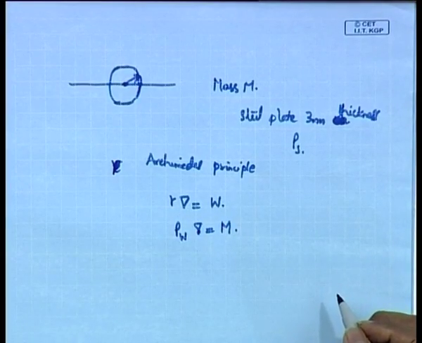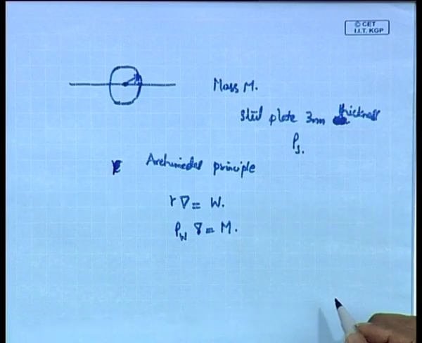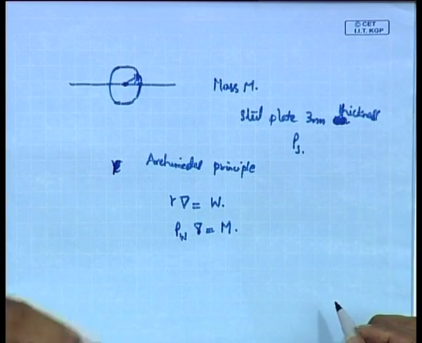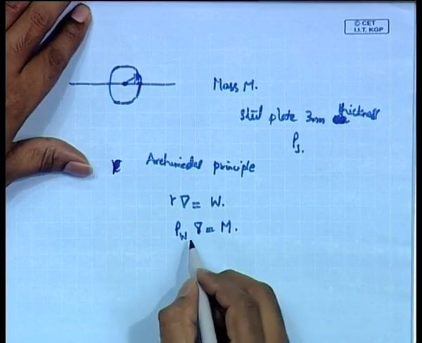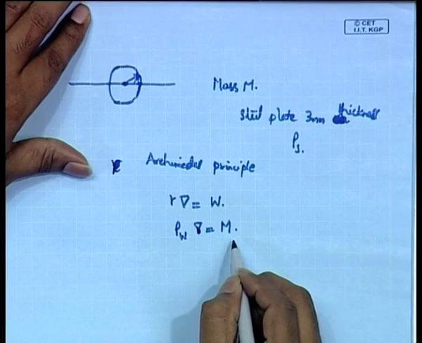We have removed the acceleration due to gravity, the g term, and therefore you get the formula that rho w into del is equal to m. So m is the mass of the floating body. This is the first rule.